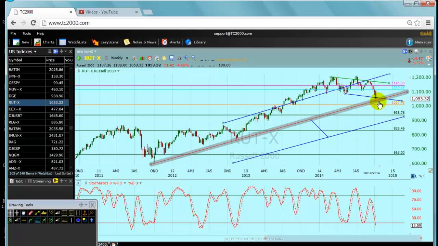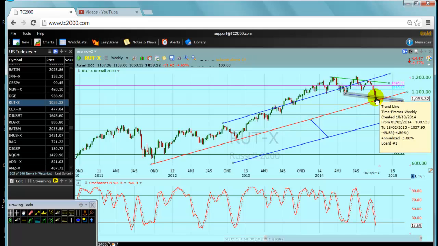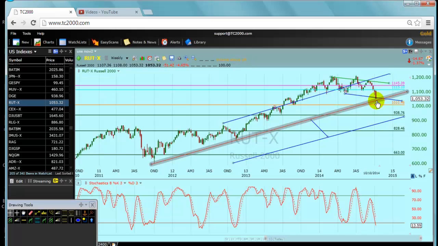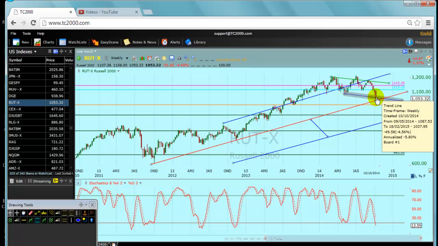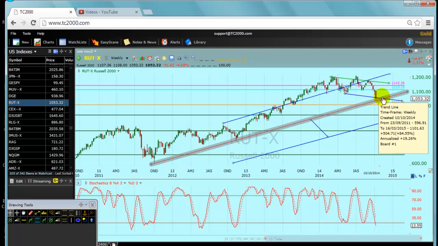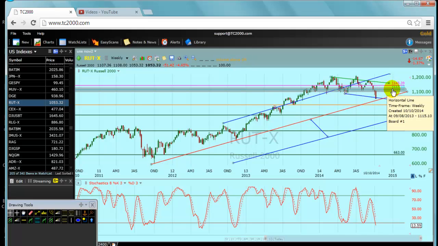We want the price to come back down to touch it, even dip below it a little bit, and if we find support on the edge of this red line and receive a buy signal, we'll go to the first best time frame looking for an opportunity to buy. If it starts going up, the target price level is the short-term equilibrium price level at 1115.